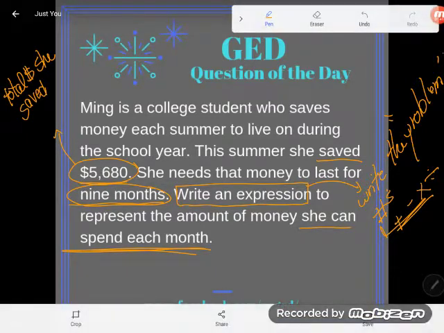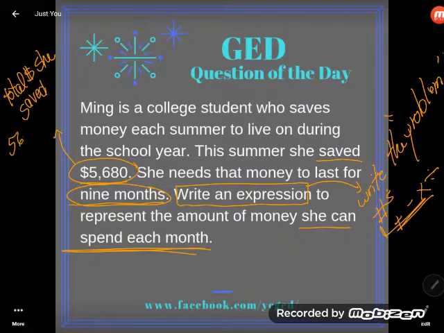And now she's going to parcel it out to herself month by month. In fact, she needs that money to last for 9 months. So what is she going to do with this $5,680? Well, she's going to group it up month by month and spend only a portion each month.